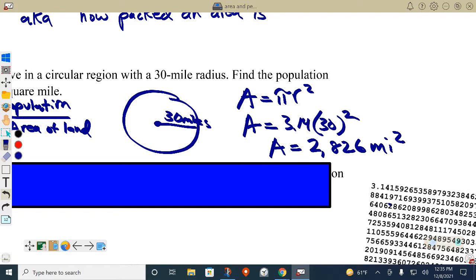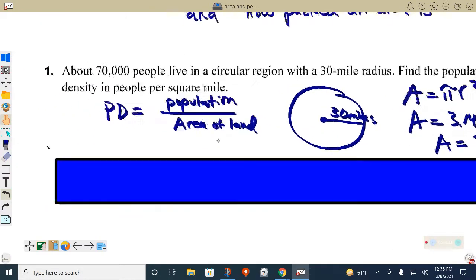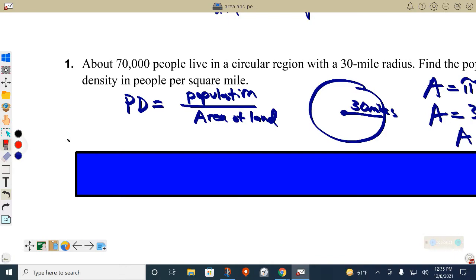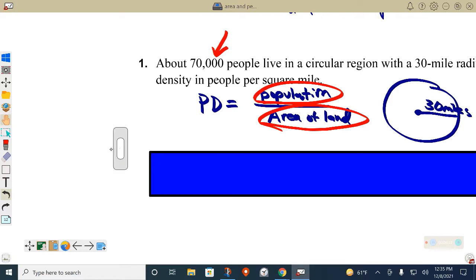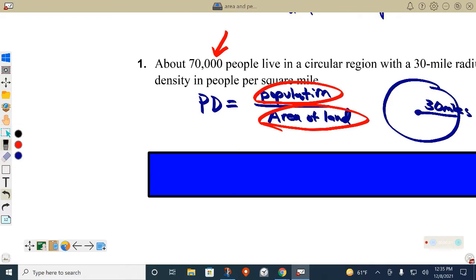So what's the population density? Here we go. I'm going to take the population, which is in this case 70,000 people, and divide it by the area of land. I'll do it over here on the left.